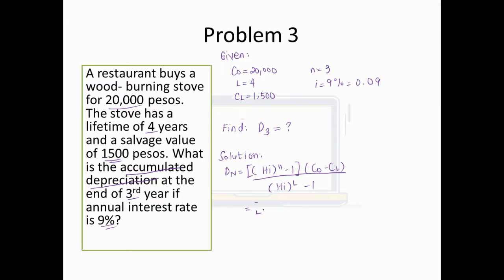Substituting with the given values, we will have (1 plus 0.09) raised to 3 minus 1, multiplied by 20,000 pesos minus 1,500, all over (1 plus 9%) raised to 4 minus 1.